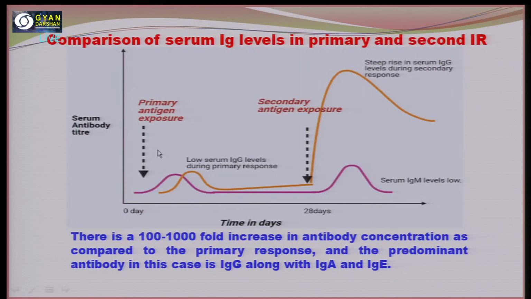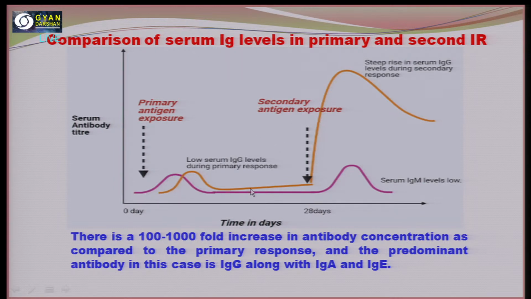In this figure you can see a comparison of serum IgG level in the primary and secondary immune response. Here is the serum antibody titer, with 0 days and 28 days. Here is the primary immune response and serum IgM level, and here is the IgG level. Here is the secondary antigen exposure after the primary antigen exposure.